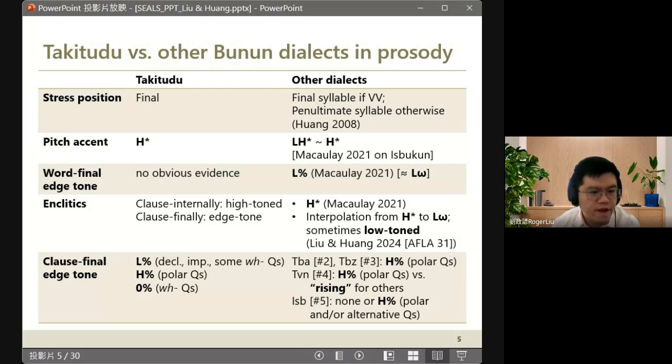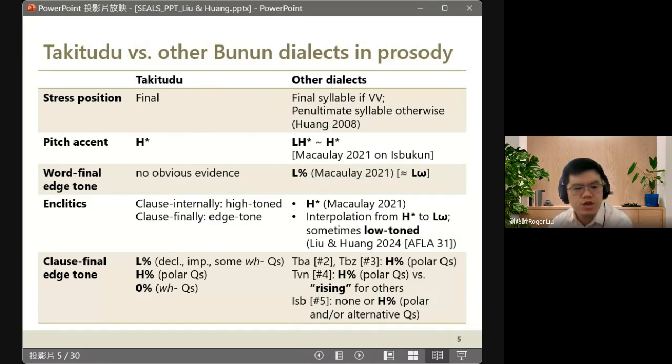As for the word final edge tone, there's no obvious evidence for Takitudu, while the other dialects show clearly a post-tonic low or falling pitch contour, which is annotated as L% in Macaulay 2021, which is theoretically near the prosodic word final or probably phrase final low tone.